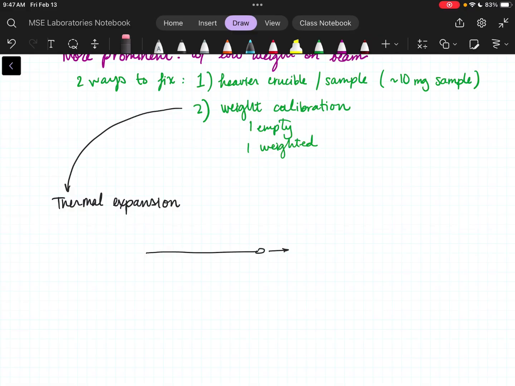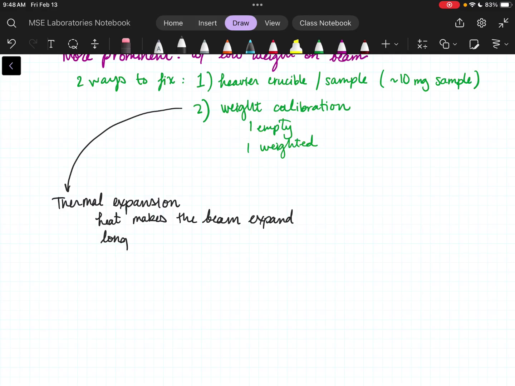I don't want something that when I heat it up is going to elongate slowly over time. But everything, even if it's not going to creep with the weight, with the heat change, everything has some thermal expansion. It gets hotter, it gets longer. We talked about that up here also with dilatometry.